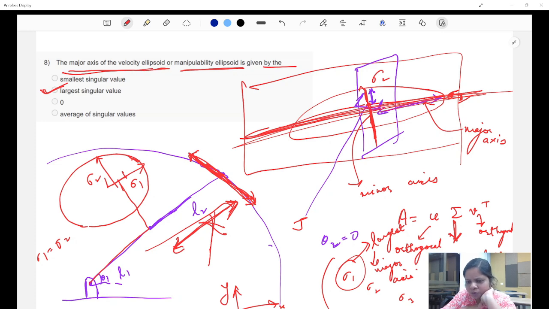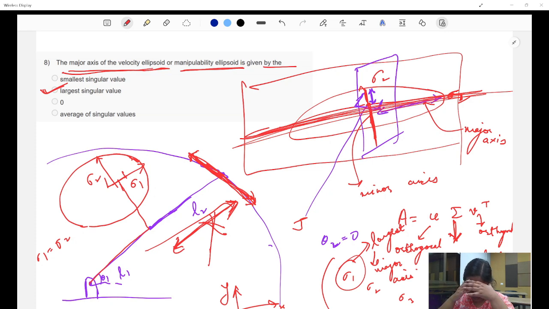Where you have the force, what is the type of manipulator that you're talking about? A two-link manipulator, ma'am. Okay. So let's say you have a two link manipulator and then you have the force acting on the end effector. From there, you can calculate the force and moments.